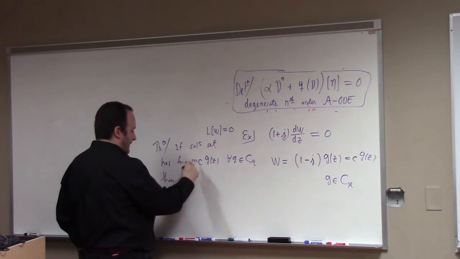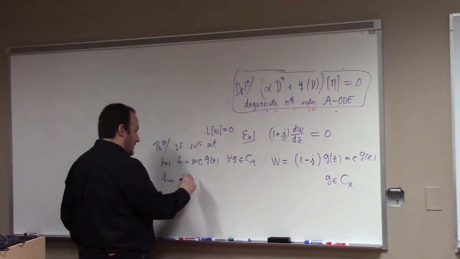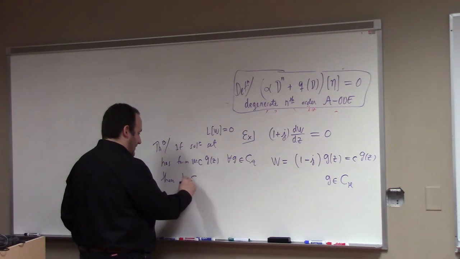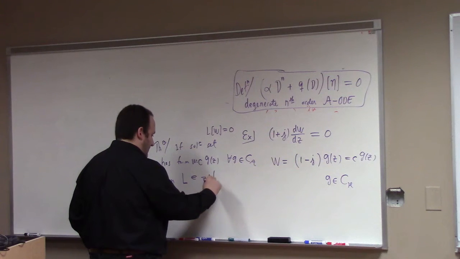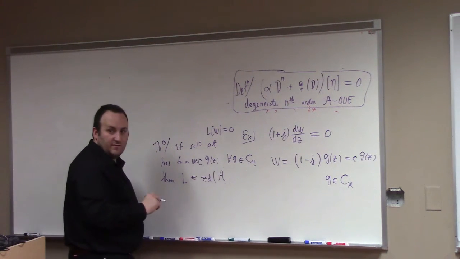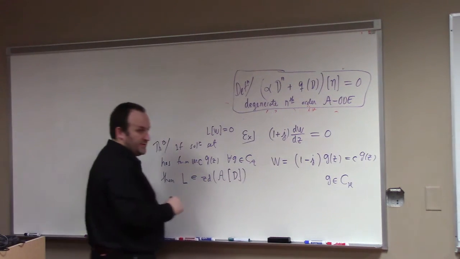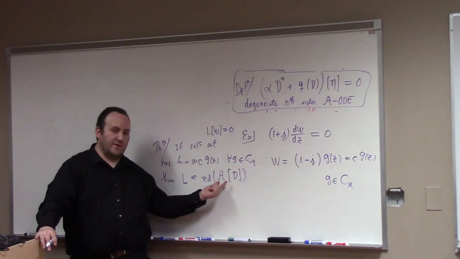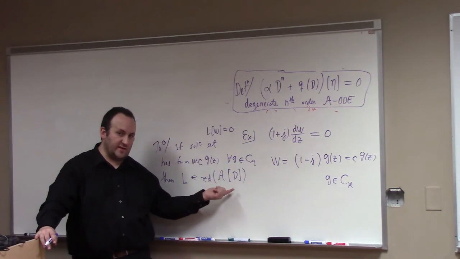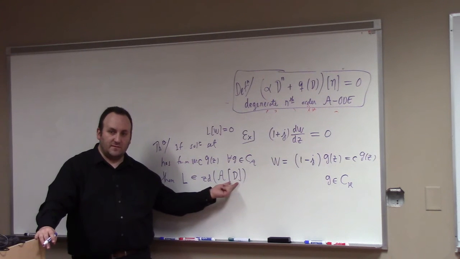Then he says that L is actually an element of the zero divisors of the polynomial ring of the differentiation operator over the algebra. So this is the ring of polynomials in the differentiation operator, and we look at the zero divisors of that ring.